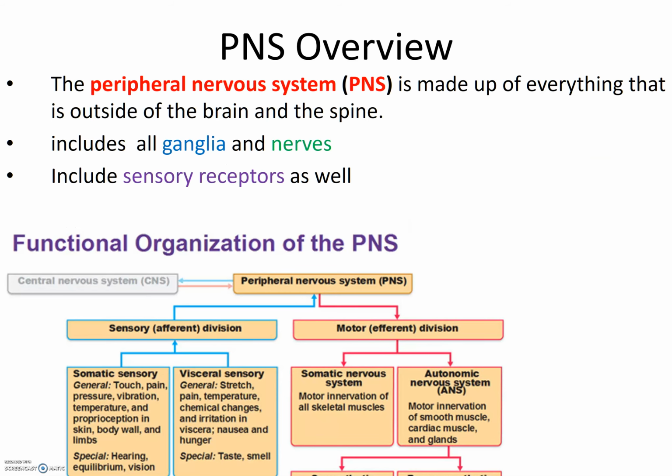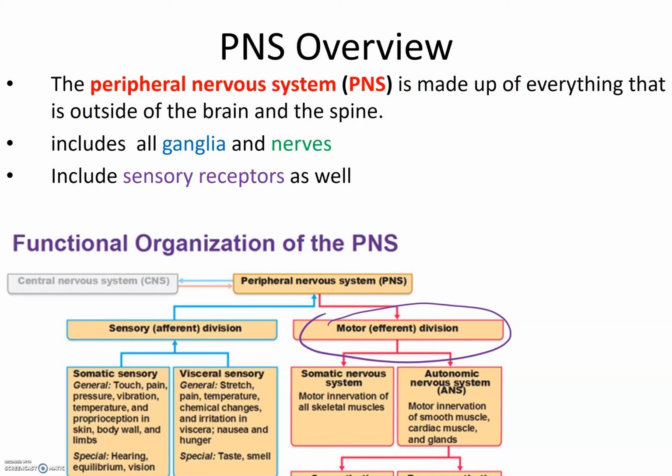So, the overview. The job of the peripheral nervous system is to get somatic sensory information, that's senses, visceral sensory information, that is if your bladder is full, and carry motor signals to the muscles and glands.